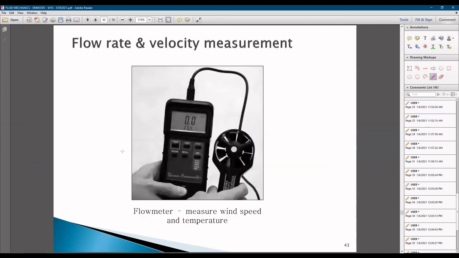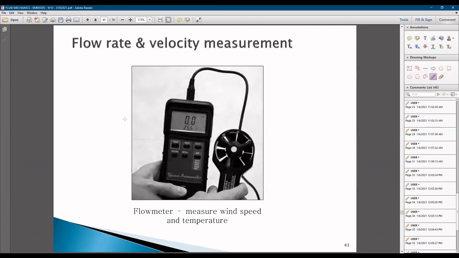Then we also have this flow meter to measure the wind speed and temperature. This is a more user-friendly mechanism that you can easily use to measure the wind speed on your own.